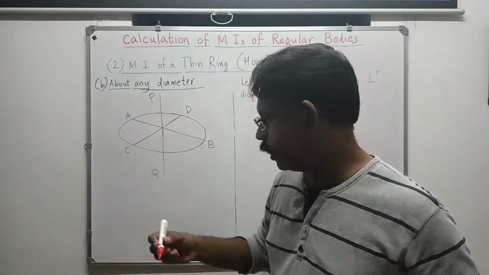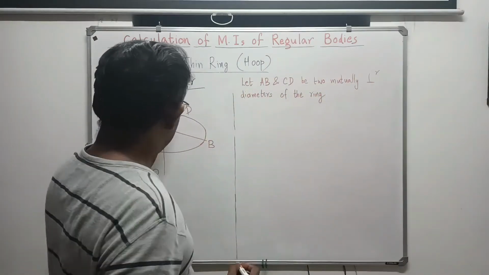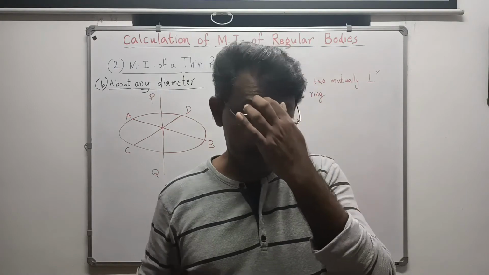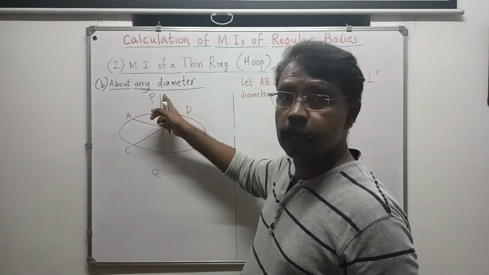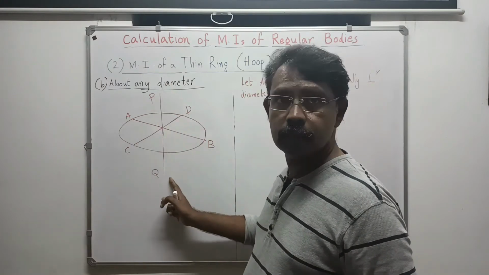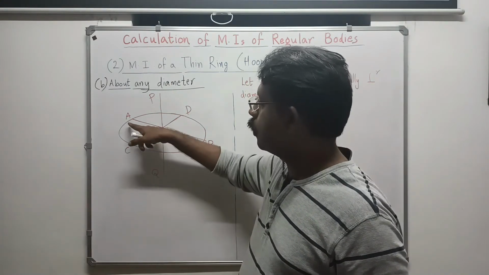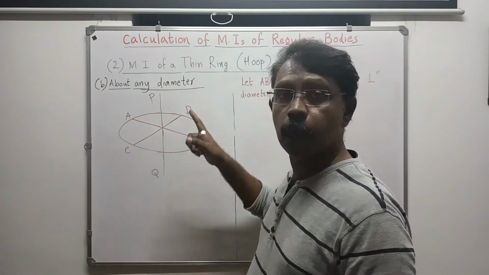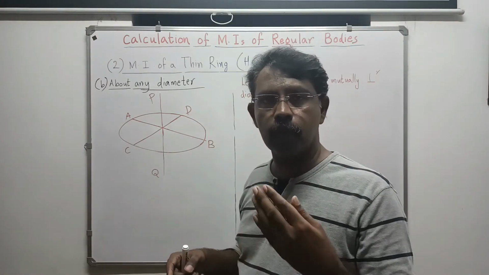So what I can write here is, applying the perpendicular axis theorem, the moment of inertia of the ring about this perpendicular axis is equal to the moment of inertia of the ring about AB plus the moment of inertia about CD. That is what the perpendicular axis theorem states.